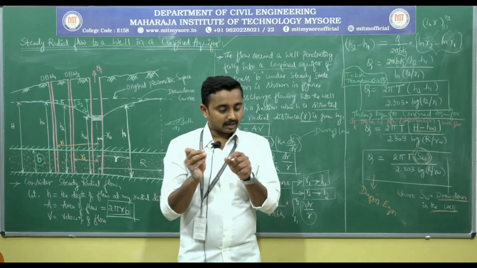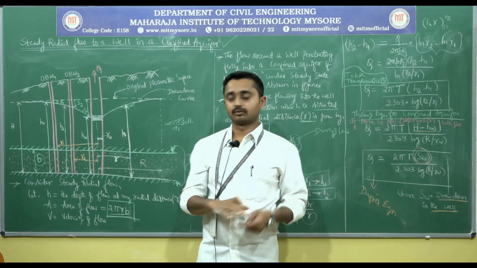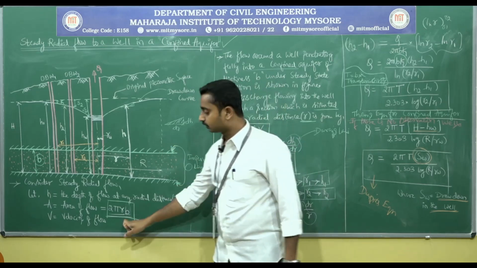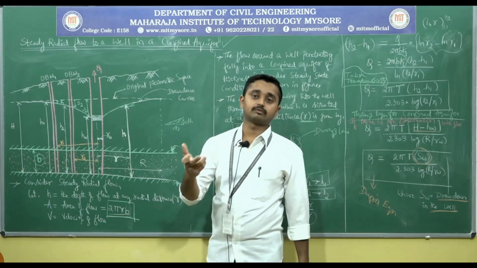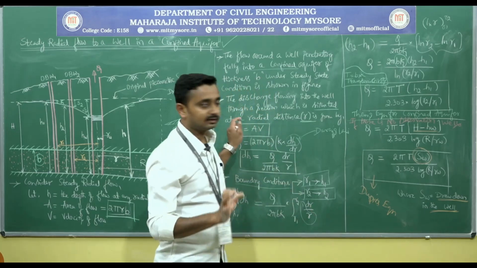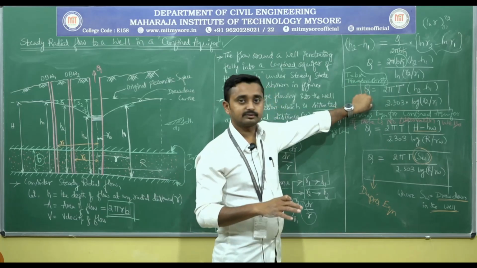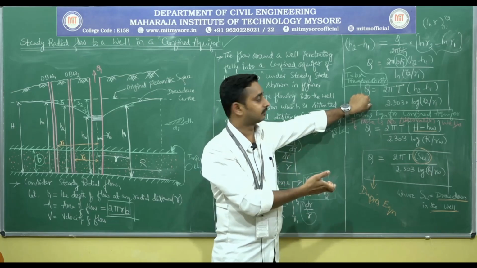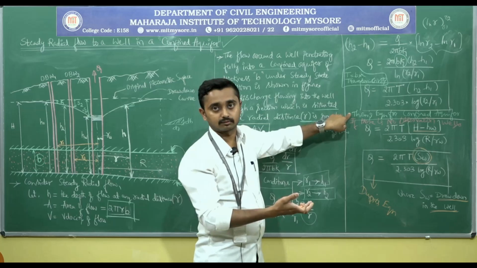The concept is almost similar for unconfined and confined aquifers. Here the water is confined between two impervious layers and the area is 2 pi r b; in an unconfined aquifer the area is 2 pi r h. Everything is very similar, don't get confused. So up to here is steady radial flow for a confined aquifer, nothing but Thiem's equation for confined aquifer.